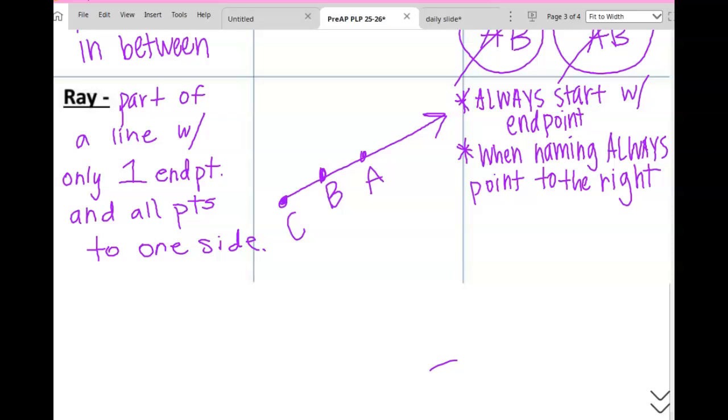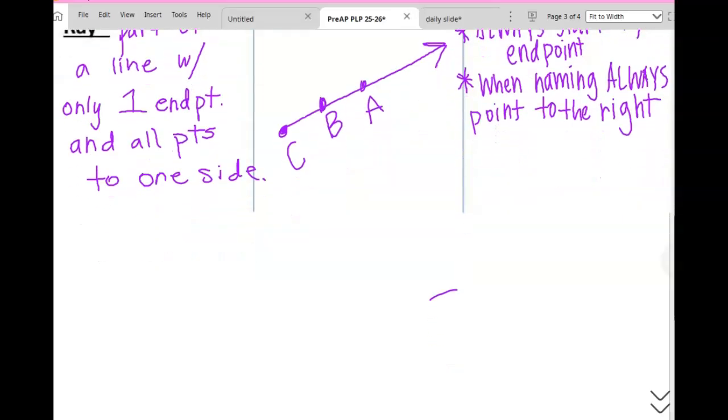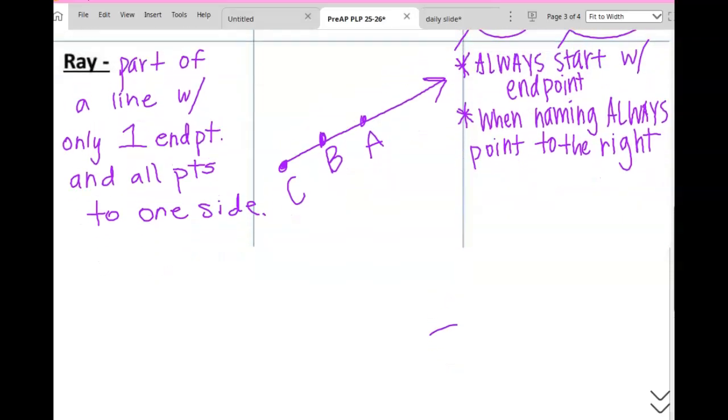Now I'll show you what that means. Let's name this ray. Now, technically, how many rays are there here? Technically three.